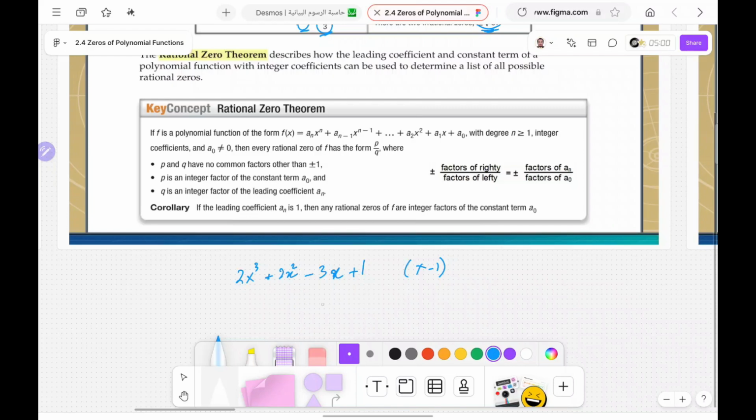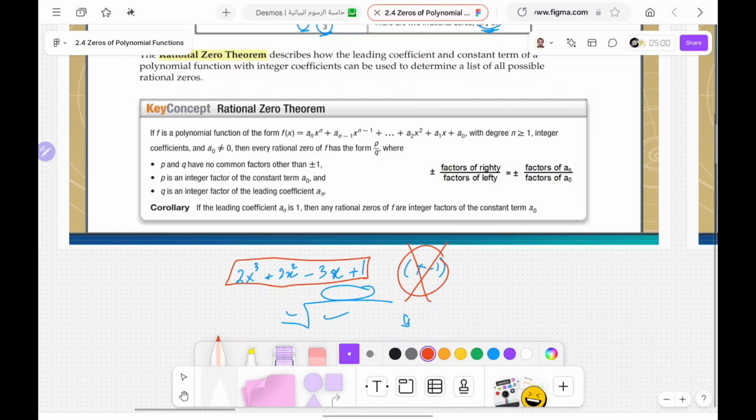So in lesson 2.3, they give you the polynomial and the divisor, and they ask you to find the quotient and find the factor. In lesson 2.4, they will not give you this. They will ask you what the factors for this polynomial are. So how can you test the numbers?